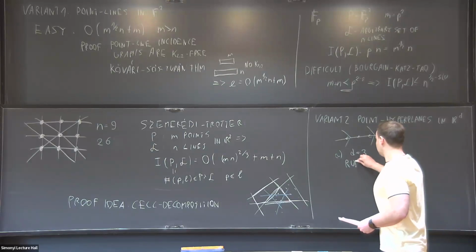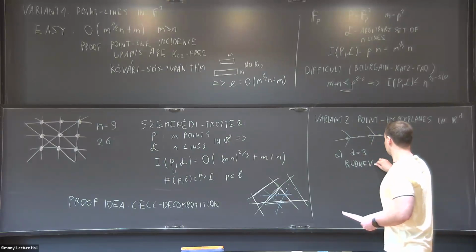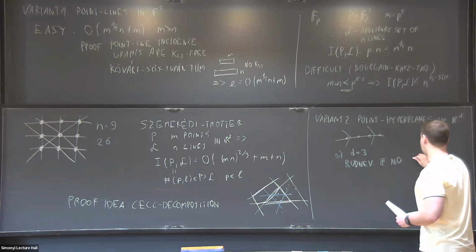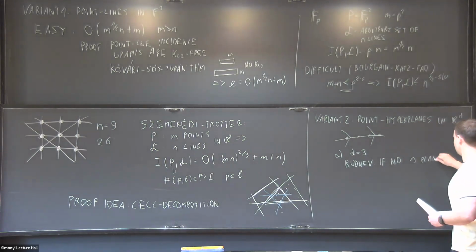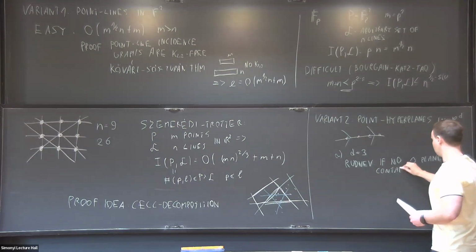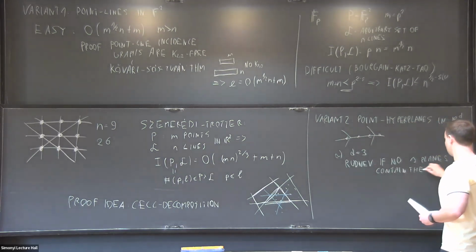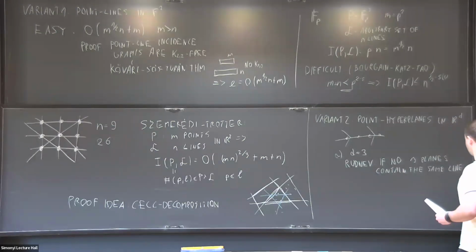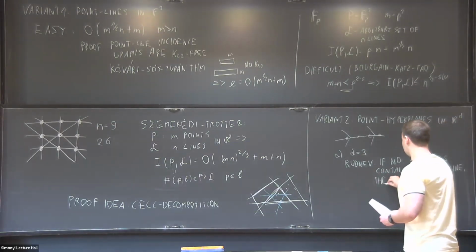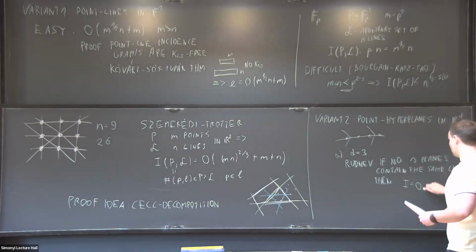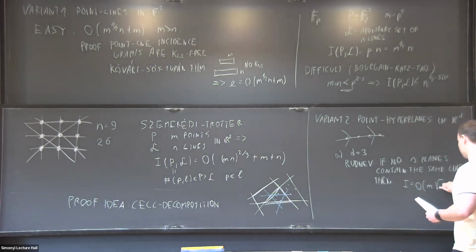So here there is a result of Rudnev, which says that if no s planes contain the same line, then the number of incidences is bounded by a constant times m times square root of m plus m times s.